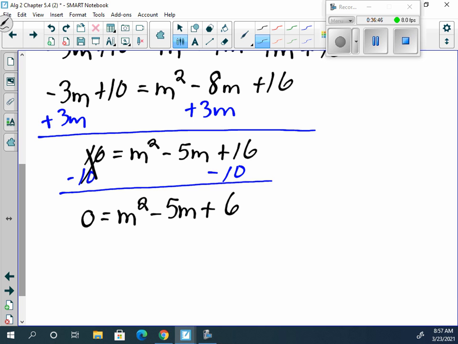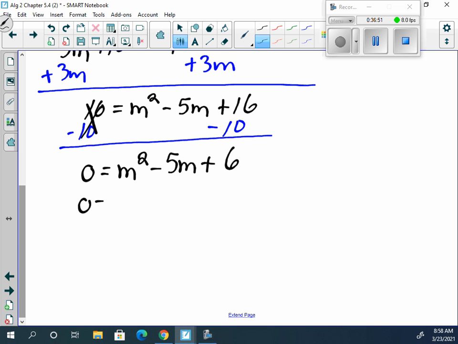Now this here is still factorable, so we can factor this here. So what would our signs be? They would both be negative because the third term is positive, so we know the signs are the same and they match the sign of the middle term, which would be negative and negative. Factors of the first term would be m and m. 2 and 3.